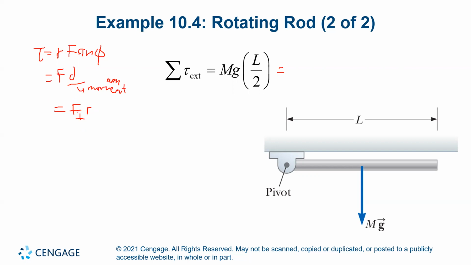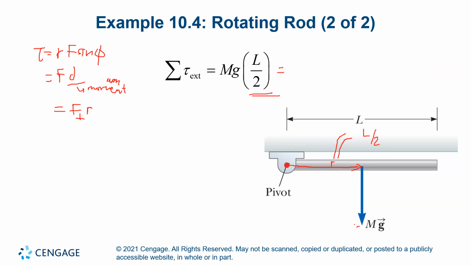F perpendicular is the component of the force that is perpendicular to r. So, if F is not perpendicular to r, then you have to calculate what F perpendicular is. But in this case, this is your r, right? r starts at the pivot, the axis of rotation, to the point of application of the force. And r happens to be half of L, so L over 2. That's where L over 2 comes from.